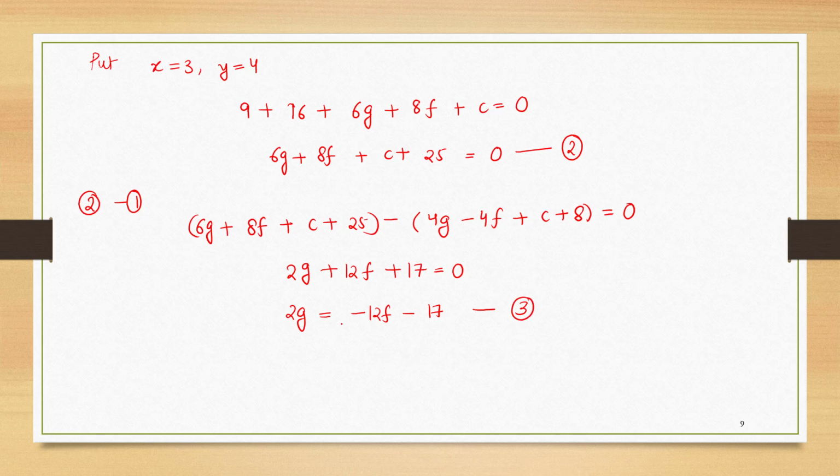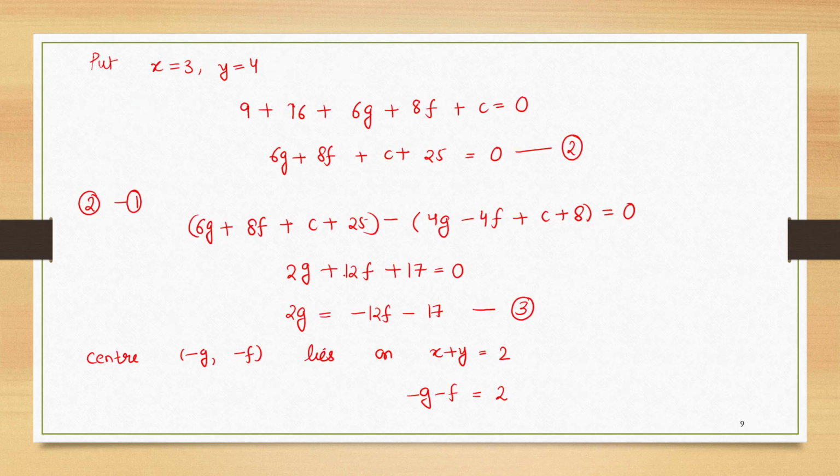Equation number 3. Also we are given that the center, that is (-g, -f), lies on the line x plus y equals 2. That is minus g minus f equals 2. To use this, we multiply both sides of this equation by 2.